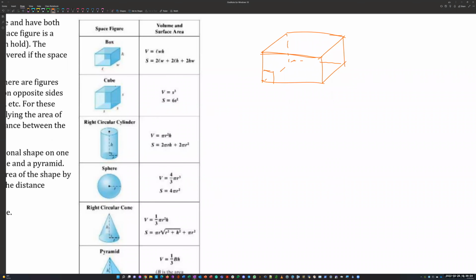Then I would be able to break this thing down into a bunch of unit cubes, where each one of these is 1 unit by 1 unit by 1 unit. So the volume inside of here we would say is 1 cubic unit, or 1 unit cubed. And then I would have to count how many of these cubes we would be able to fit into this thing.